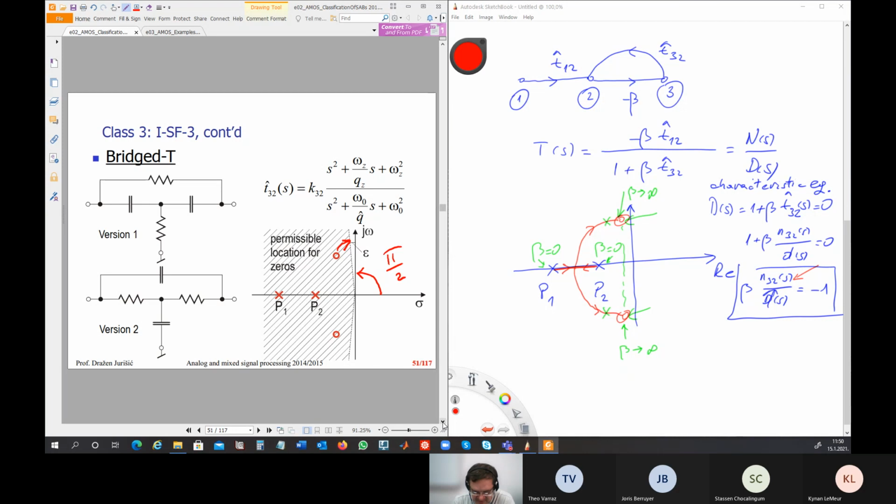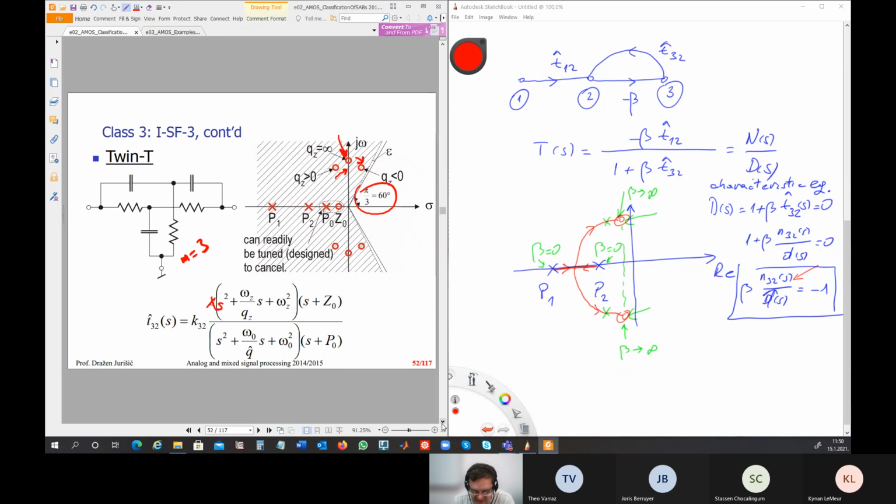Okay. This is the example where P and P0 and Z0 are deleted. So they can readily be designed to cancel.